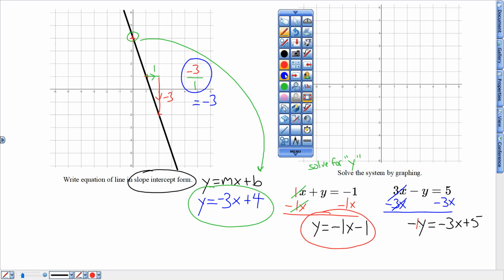And the opposite of multiplying by -1 is dividing by -1. Dividing both sides over there by -1, remembering that this splits into two separate divided by -1s. And then that finally gives me the equation in blue: y equals 3x minus 5. That's going to be the one in blue.